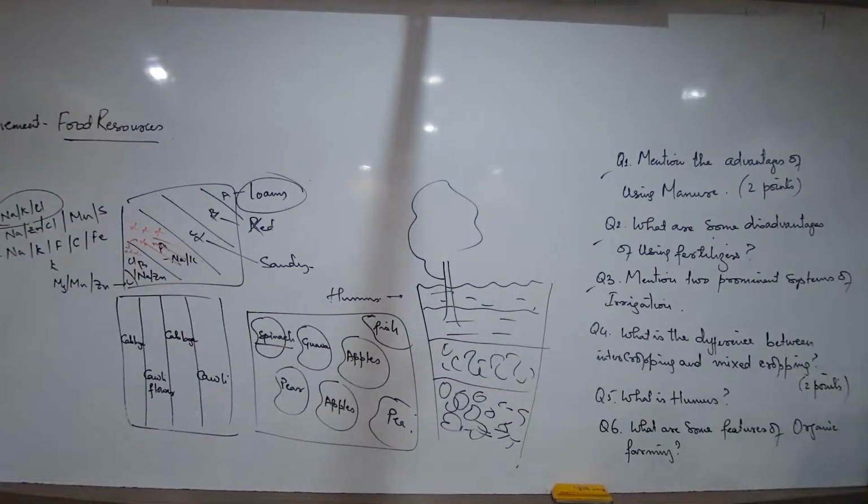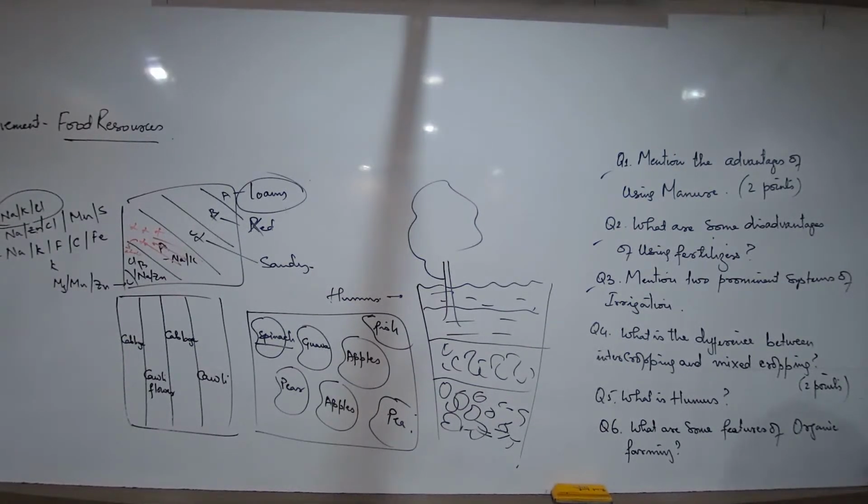This is the most fertile layer of the soil, especially when we talk about the loamy and the black soil. The topmost fertile layer of the soil, which is formed by the decomposition of plants and animal matter.